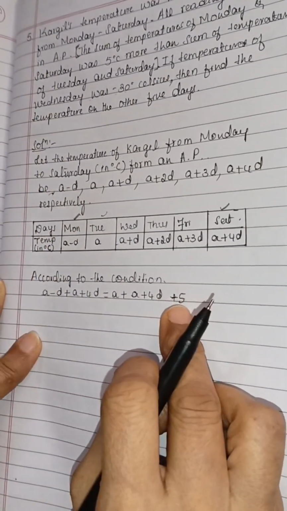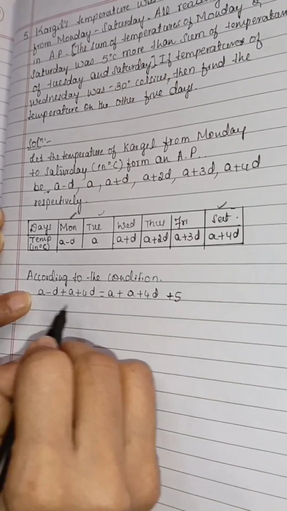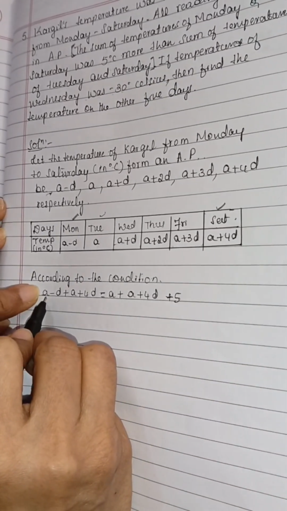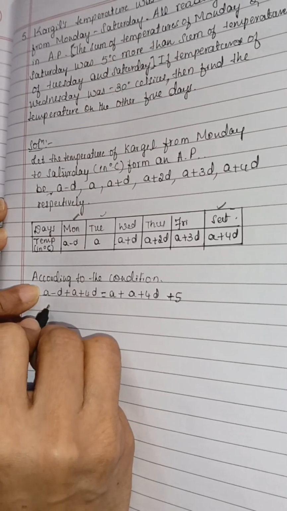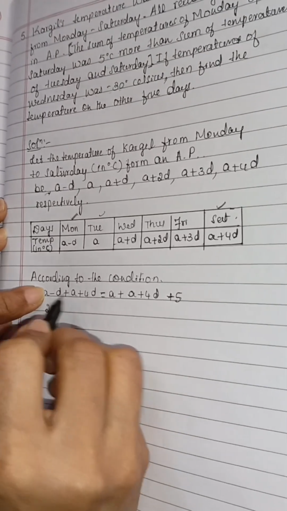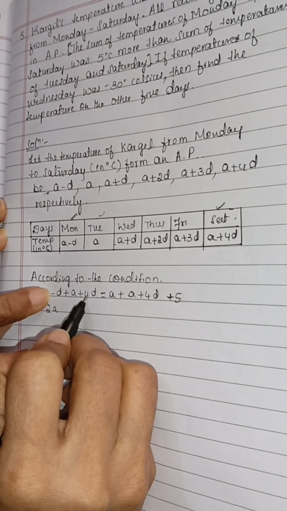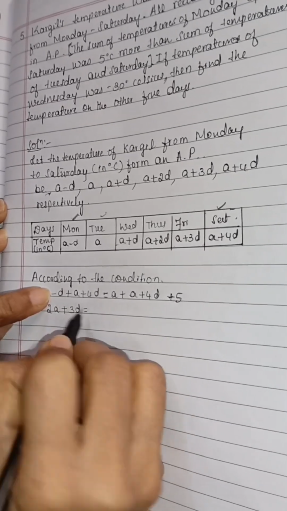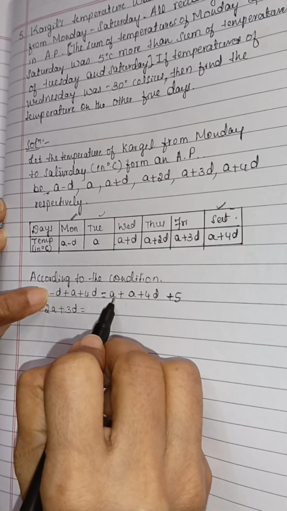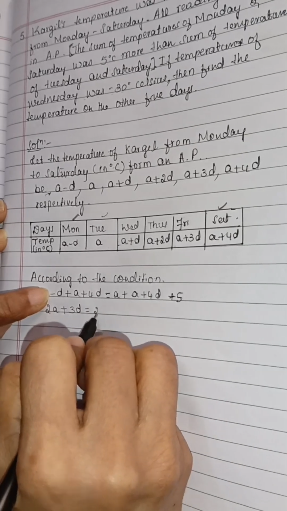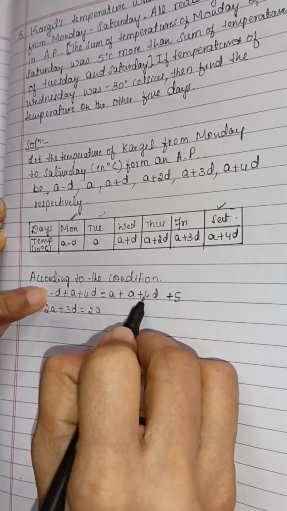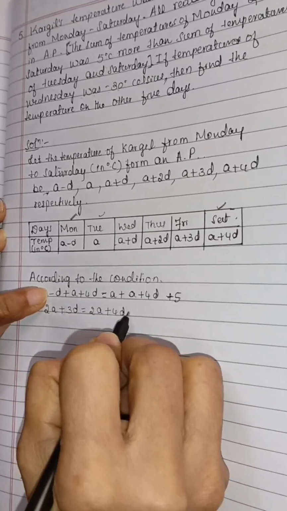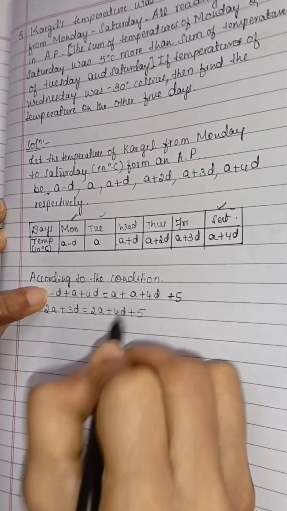Now we can solve. See, this is the equal sign, that is A, 2A, and minus D plus 4D is plus 3D, equal to, here A, 2A, again 2A plus 4D plus 5.